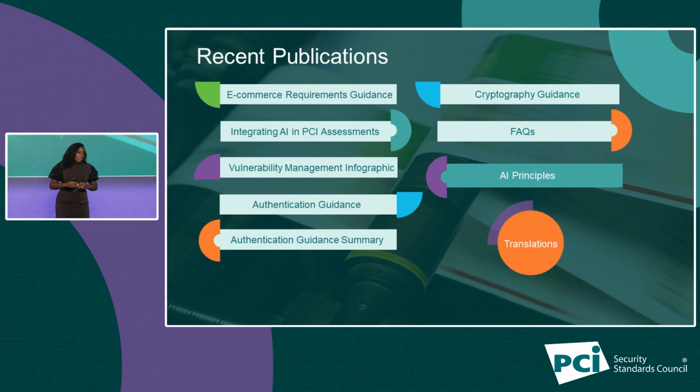Looking at vulnerability management, so requirements 6 and 11, and how they merge together to support an environment. Authentication, so we've updated the multi-factor authentication guidance into broader authentication content, as well as providing a summary on that. We've also published a guidance document on cryptography to help organizations looking to enhance their areas in that.